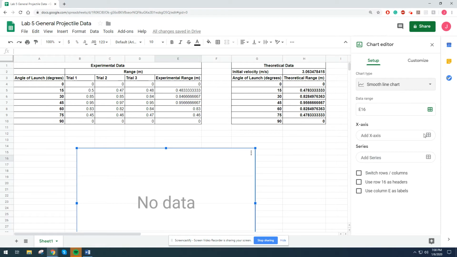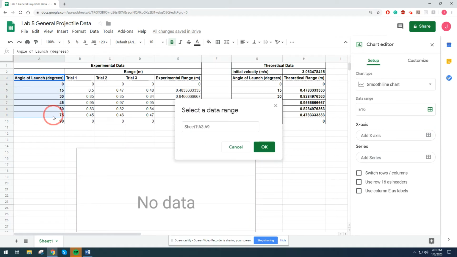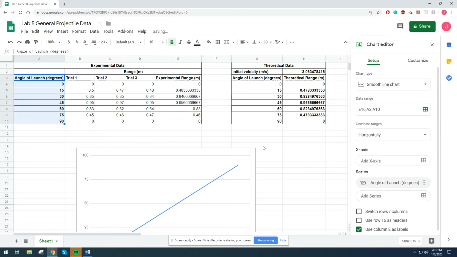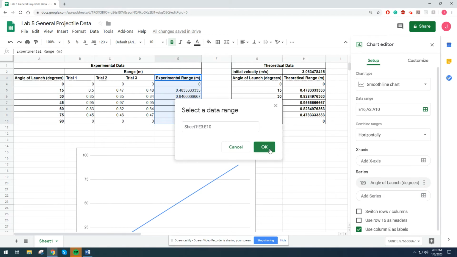Okay. Our x-axis, we're plotting range versus angle of launch. So our angle of launch in degrees is all of our x values. And notice I'm highlighting the title of it also. Okay. And our series, same as before, series is our y values. We want to graph the experimental range.